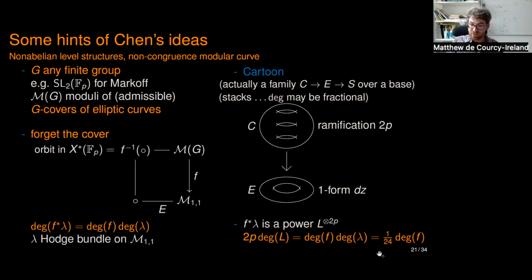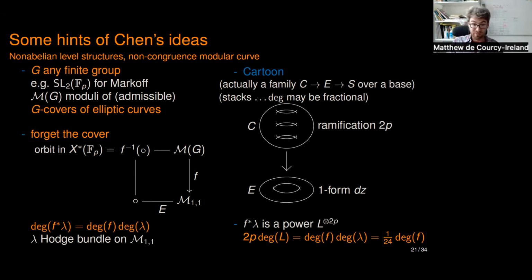Chen knows what it is, and he can also show that this degree of L is not going to cancel out the factor p here. It could be a fraction, but it's not 1 over p, so the degree of F is going to have to be divisible by p, and that tells you how many points there are in the underlying orbit. So that's just the cartoon version.